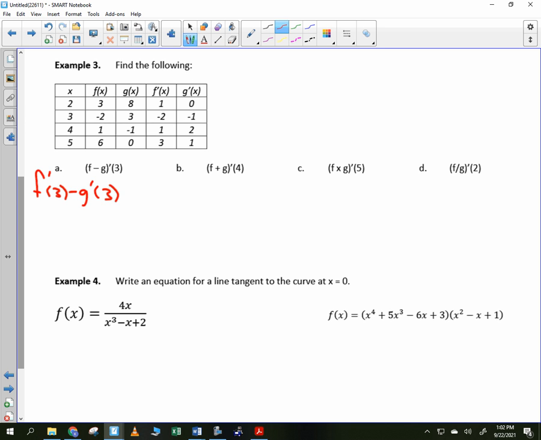What, according to our table, is f prime of 3? Negative 2, minus g prime of 3, which is negative 1. Negative 2 minus negative 1 is negative 1. You do B on your own.